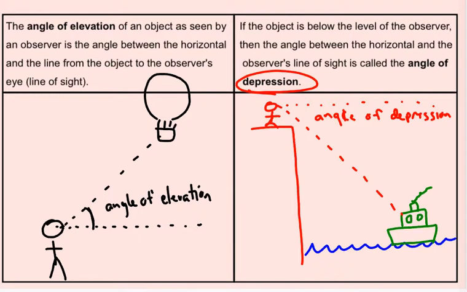Now, what a lot of kids like to screw up is that they somehow think that if I drew a line straight down, this is your angle of depression. I don't know why, but this is absolutely not the angle of depression. So you've got to be careful about that. The angle of depression is from looking straight ahead to looking down.